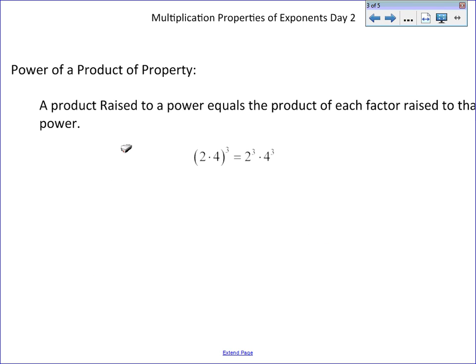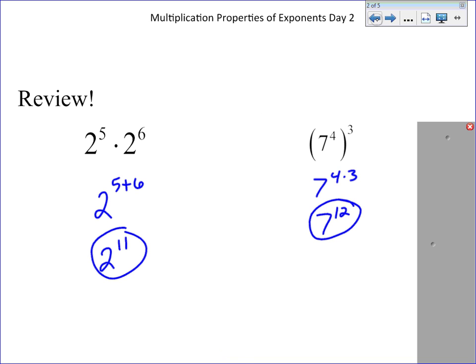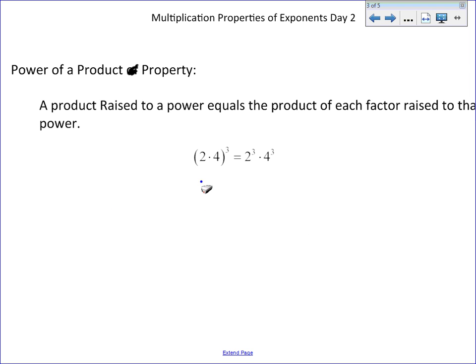Today's new lesson is the power of a product property. And this power of product property is kind of a combination of both. What we're going to see in this one is you're going to see parentheses just like you did on Rule 2. But instead of having one base number, we're going to have multiple numbers inside the parentheses.